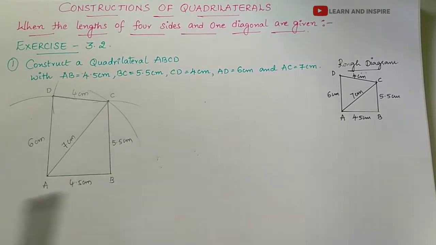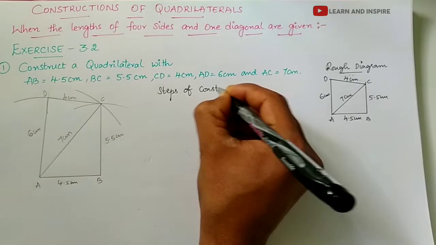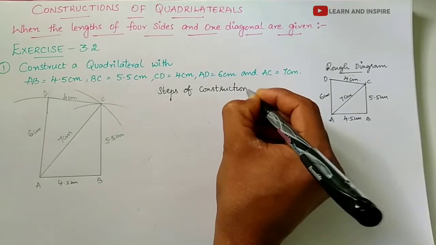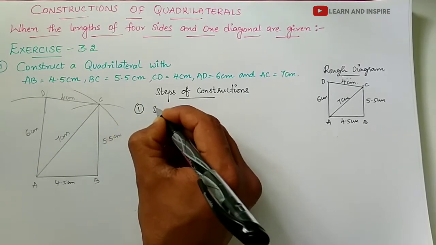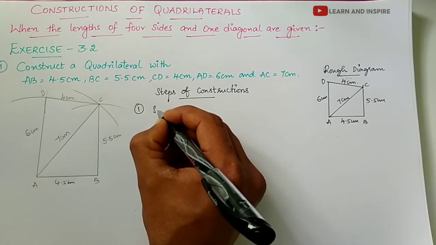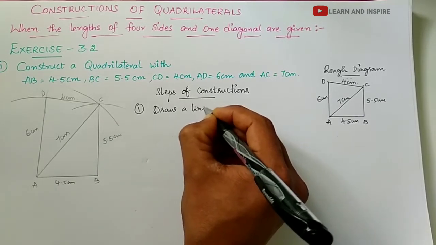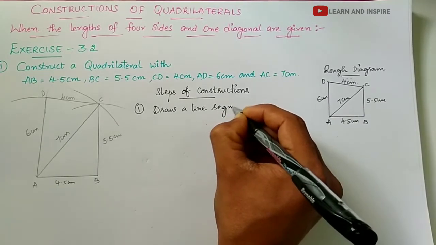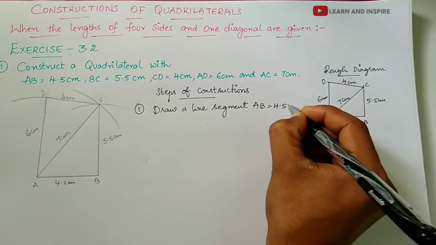Understood? Now we write the steps of construction. So what is the first step to write? Step 1, draw a line segment AB equals 4.5 centimeters.